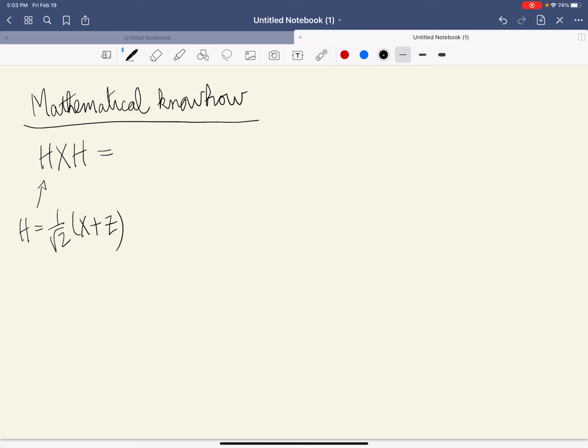So if you do multiplication by Hadamard to the left and the right of the X operator, in fact, X becomes a Z. You can also prove that HZH is X. So the Hadamard operation is a change of basis operation, as I said. And in the new basis, X looks like a Z and Z looks like an X. And that's what the change of basis often does to the representation.